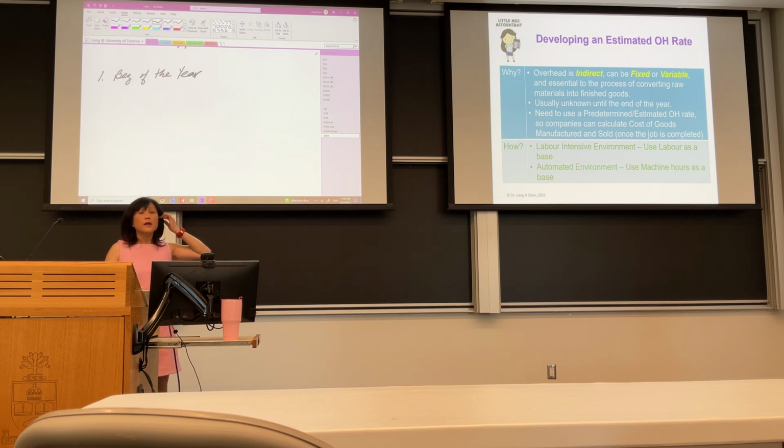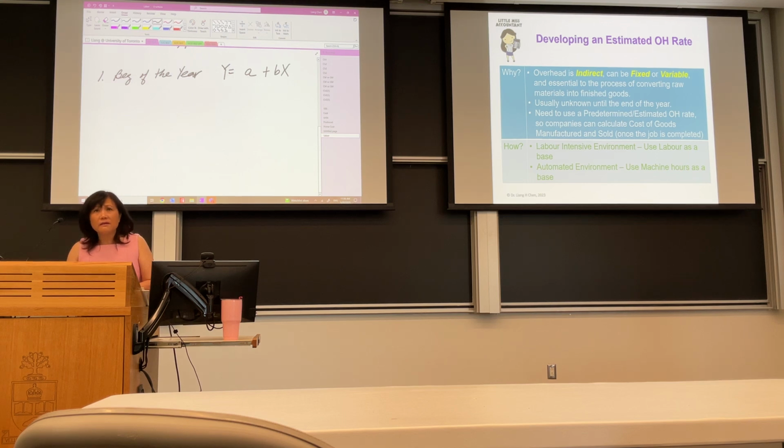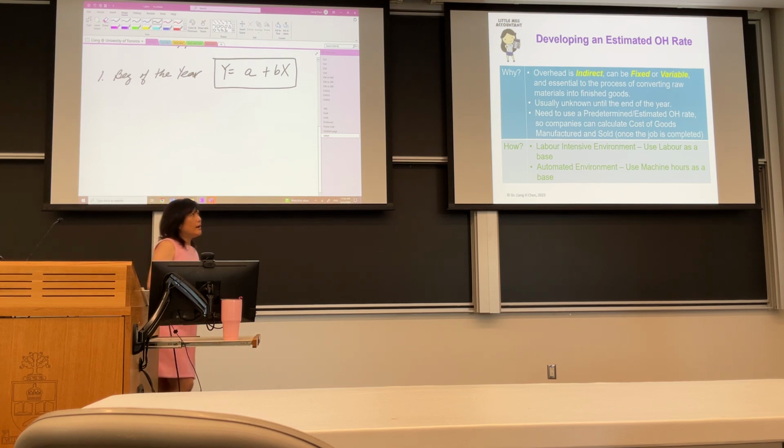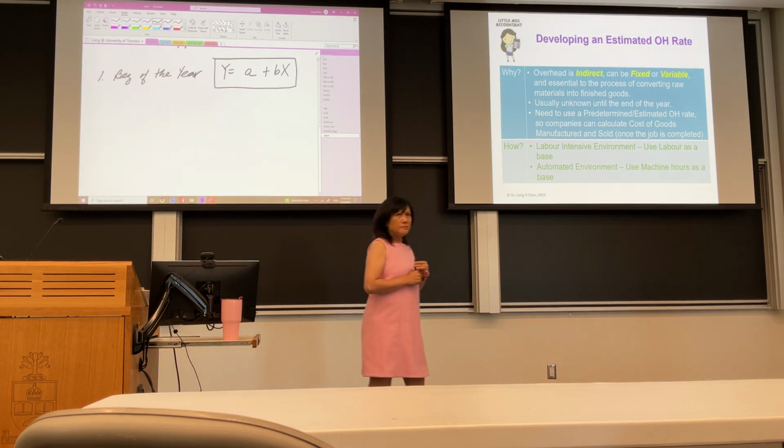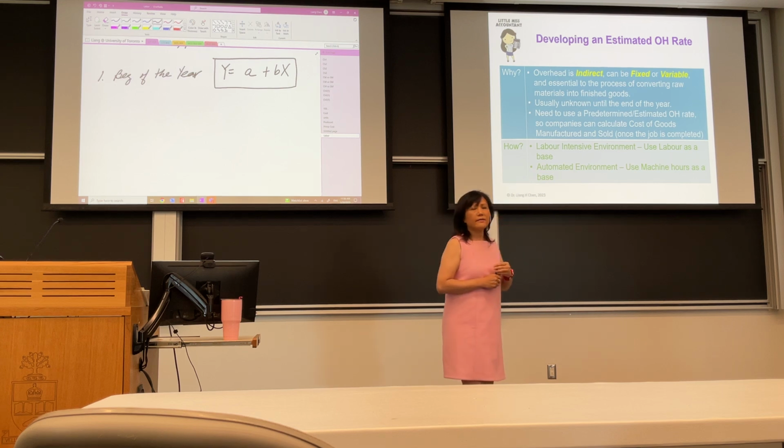I need to estimate. So remember we did it in chapter 2. We figure out based on the past experience. So I'm going to estimate how much it's going to be before I get to the rate.